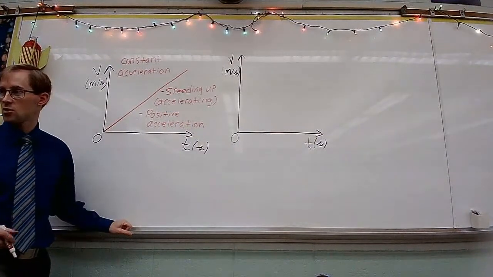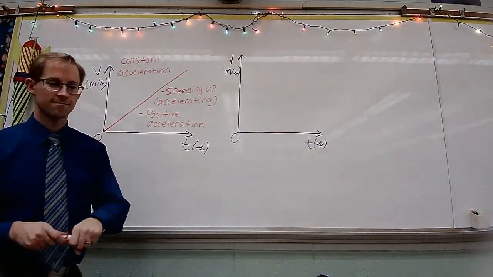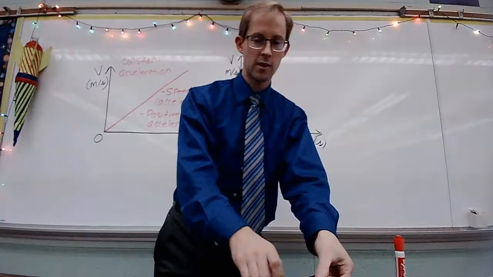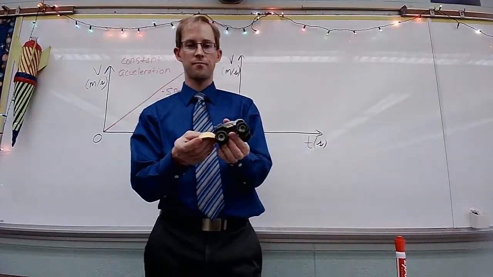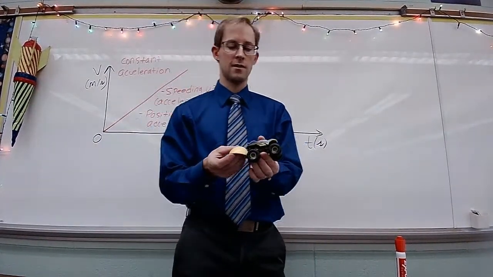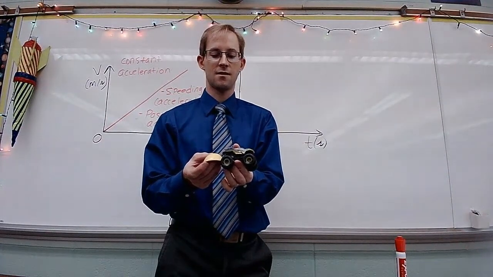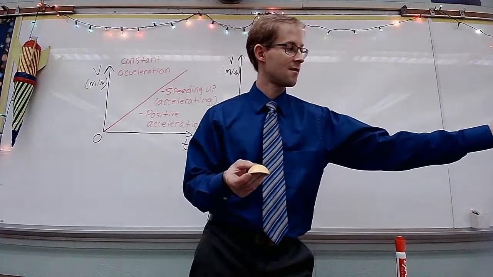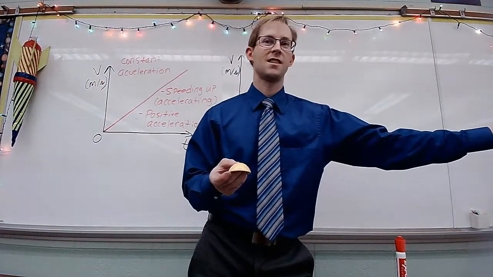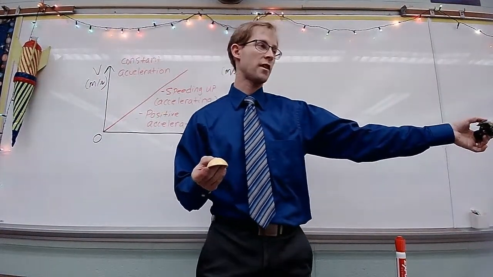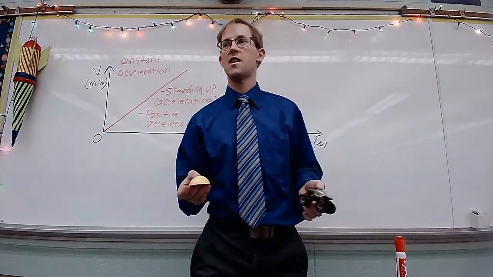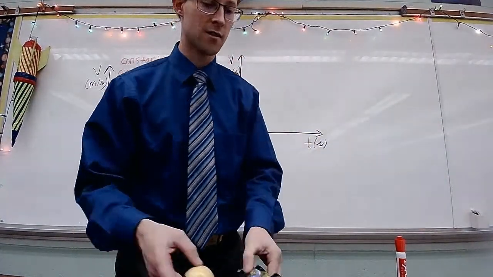So let's do the other scenario then. We're going to start at the origin again. But here, time begins right now. Time stops. So he began with a very large velocity, and as time went on, he slowed down.